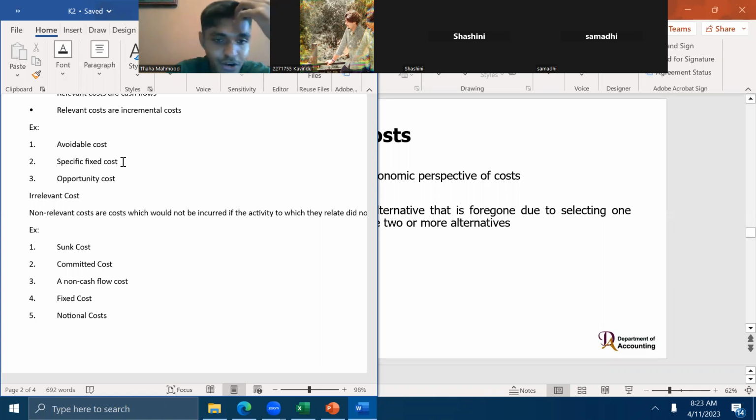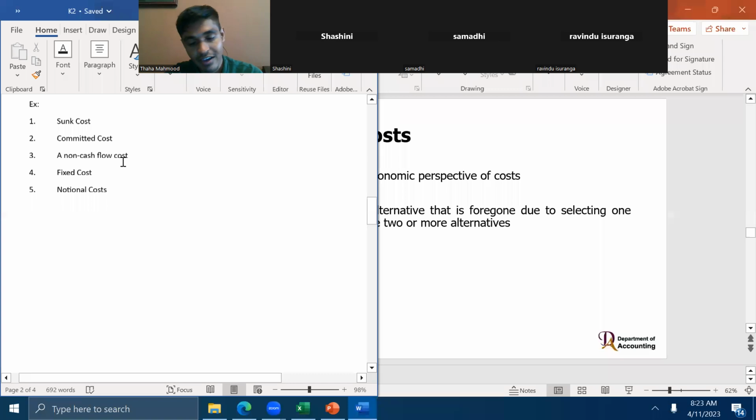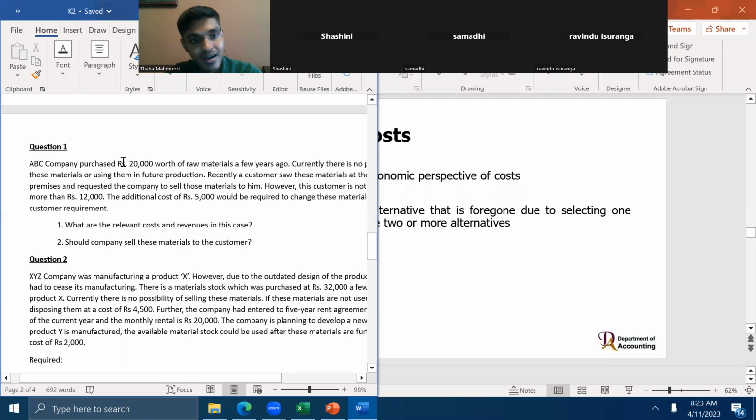Rent is not a variable cost කියලා තේරෙනවානේ. අපි rent based on number of units නෙමෙයි ගෙවන්නේ. Therefore, this rental cost is a fixed cost, but it's a specific fixed cost. Order එක හින්දා in the future we are incurring a cash flow. Therefore, it's a relevant cost. ඒක තමයි specific fixed cost කියන්නේ.